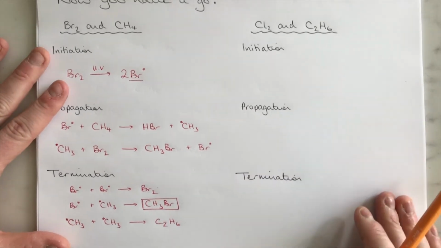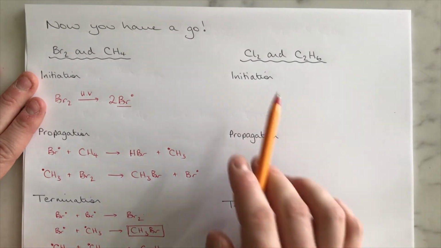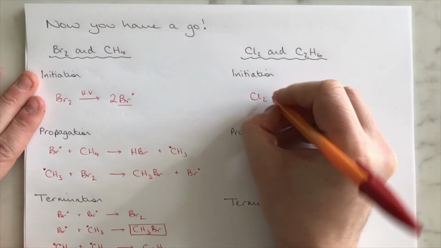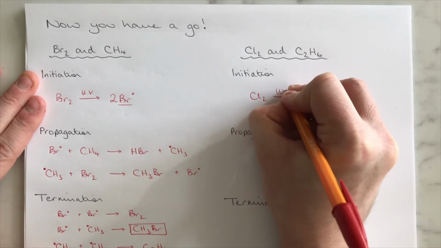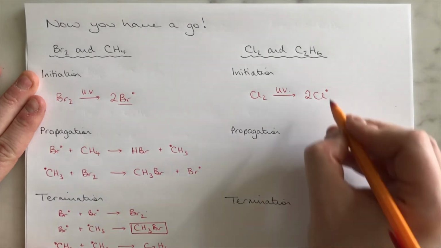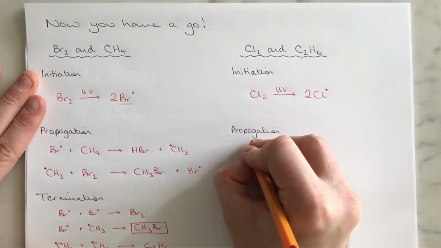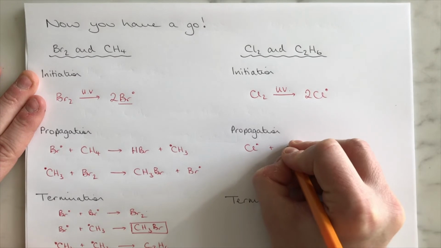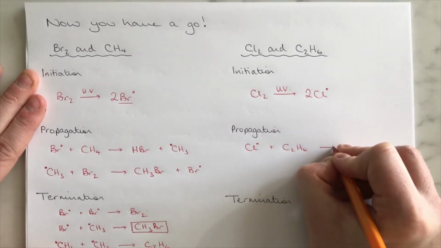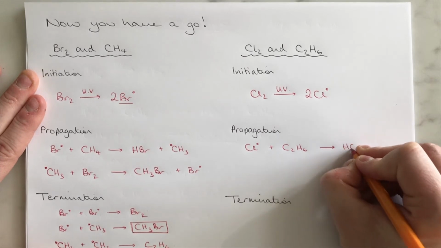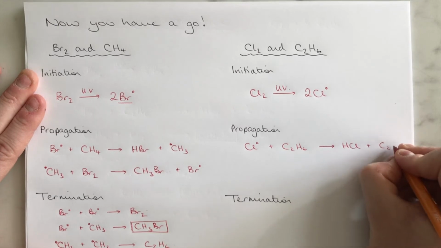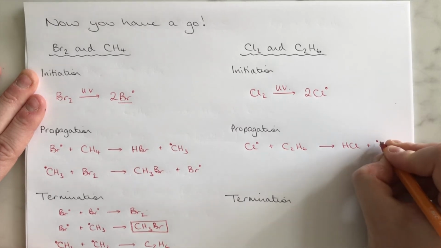Okay, so let me go through this second example that you should have had a go at. So this time chlorine with ethane. So our initiation step, Cl2, in the presence of UV light, splits up into 2 chlorine radicals. Our propagation steps now involve ethane. So our chlorine radical is going to collide with C2H6 and form HCl, because the chlorine takes a hydrogen off this and leaves us with C2H5.